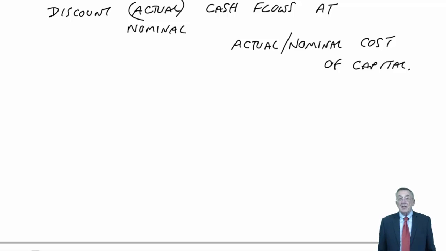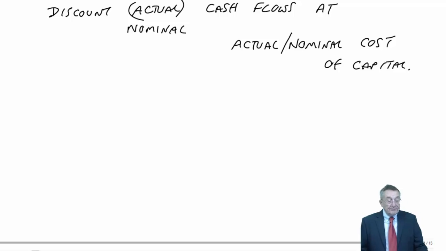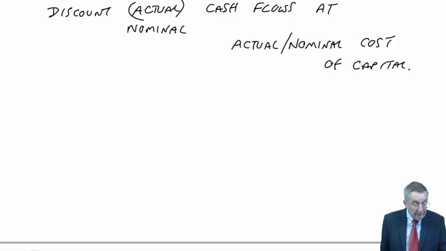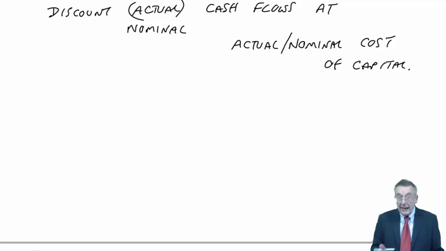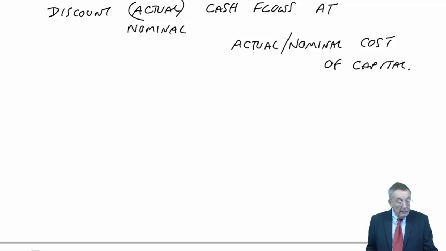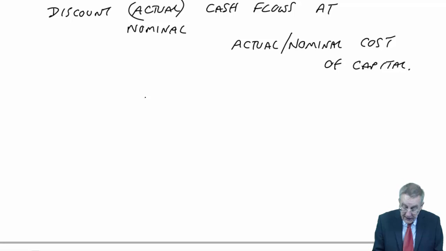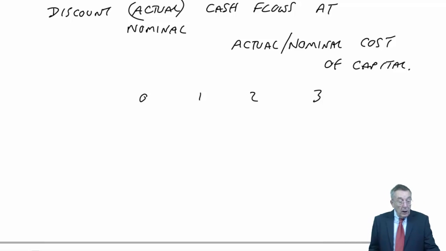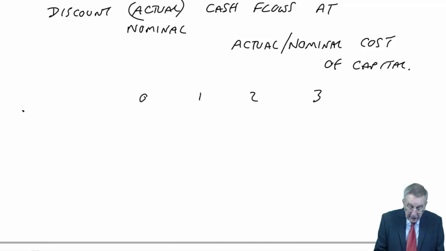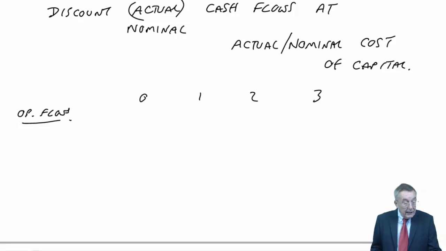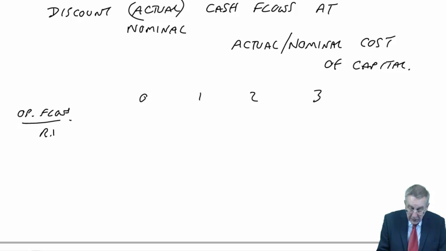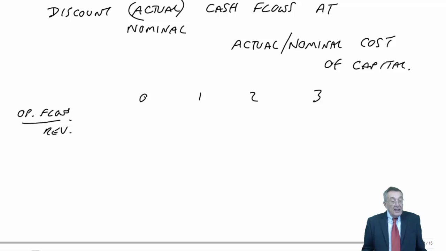Well, it's a very short example deliberately, so be patient, it won't take a moment. But let's do it the way we just did in exercise 4. So where are we with 3 years? 0, 1, 2, 3. The operating flows, we've got the revenue.